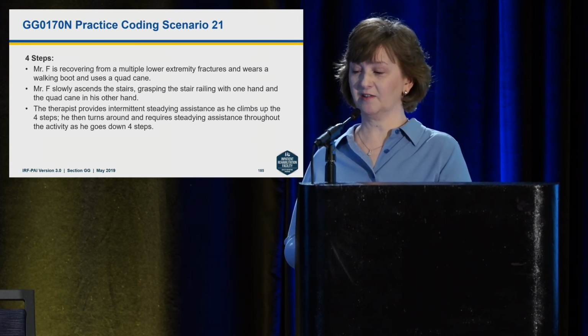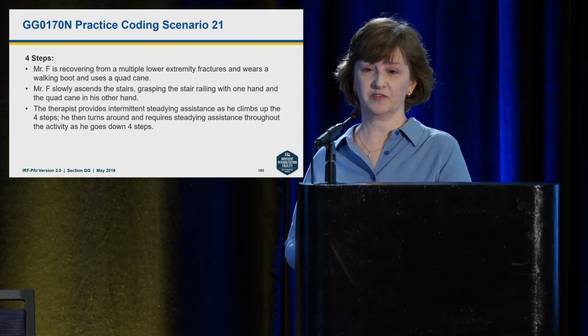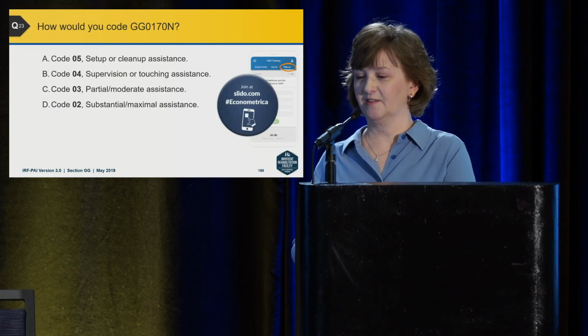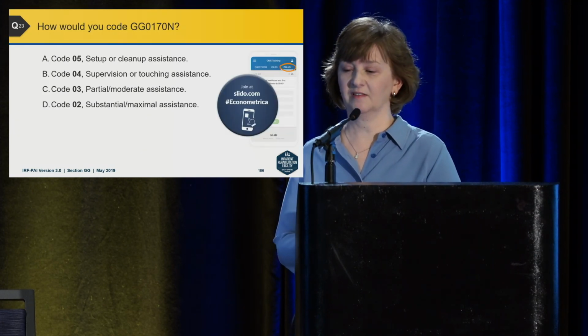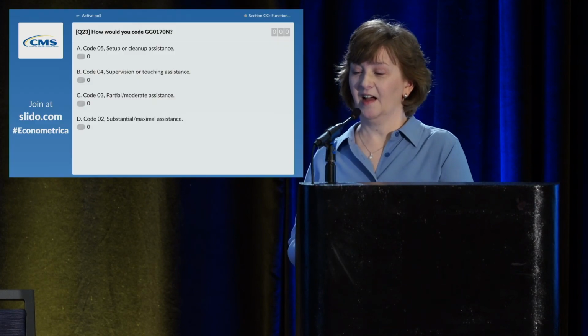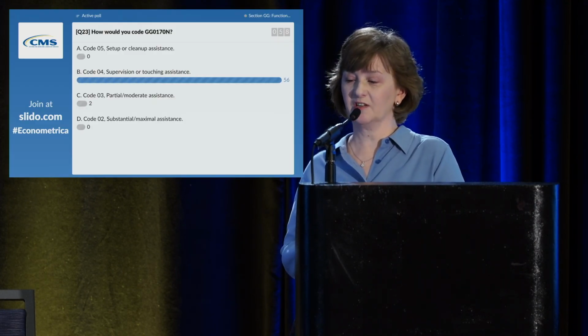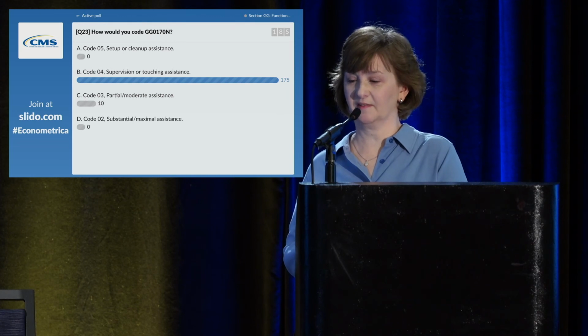Then he turns around and requires steadying assistance throughout the activity as he goes down 4 steps. How would you code Mr. F? On Slido, the options are level 5, set up cleanup assistance, 4, supervision or touching assistance, 3, partial moderate assistance, 2, substantial maximal assistance.